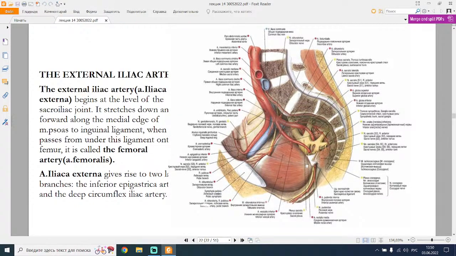Next part of the artery: this is the external iliac artery. What do you see? The external iliac artery, arteria iliaca externa, begins at the level of the sacroiliac joint.